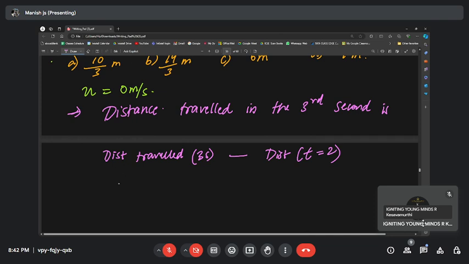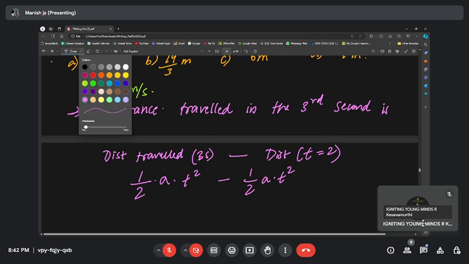When I substitute that particular value here, by the relation I have taught, it is 1 by 2 a, which is acceleration, into t squared, minus again 1 by 2 a into t squared.